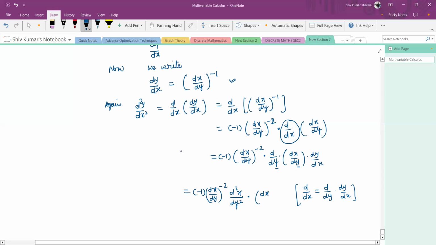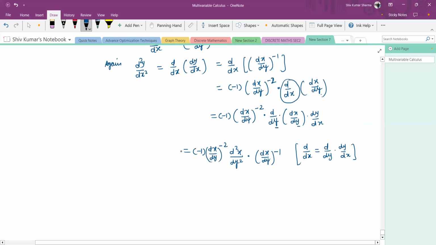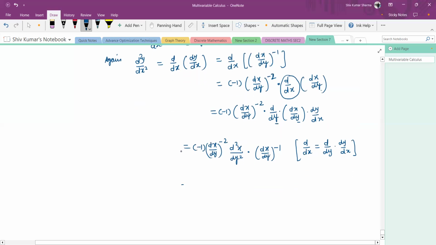The value of dy upon dx is equal to (dx upon dy) raised to the power -1. So now we write down this as (dx upon dy) raised to the power -3 into d square x upon dy square. So this is the value of d2y over dx square.